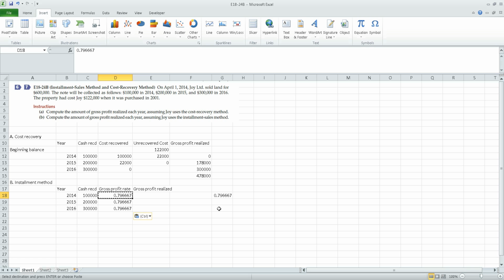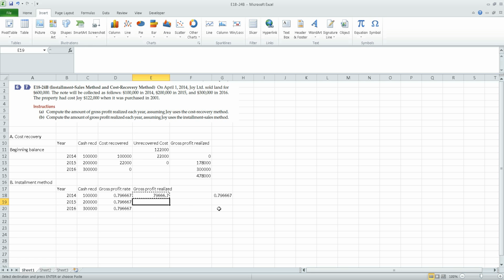We're going to plug that in under the column for the gross profit rate, and then the gross profit that we're going to realize and report on the income statement under the installment method is simply the product of the gross profit rate multiplied times the amount of cash received. So in year 2014 we're going to report $79,667 worth of gross profit.